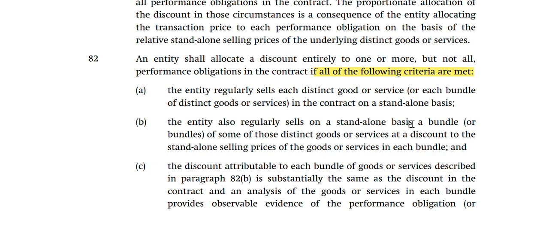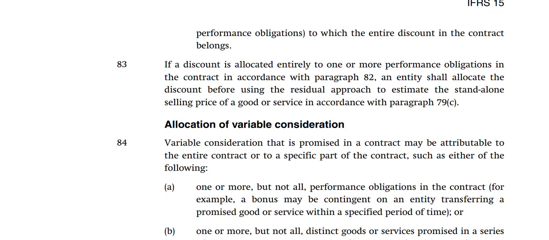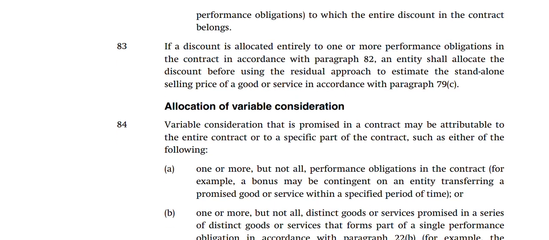The entity also regularly sells on a standalone basis a bundle of some of the distinct goods or services at a discount to the standalone selling prices of the goods or services in each bundle, and the discount attributable to each bundle of goods or services described in paragraph 82b is substantially the same as the discount in the contract, and any analysis of the goods or services in each bundle provides observable evidence of the performance obligation to which the entire discount in the contract belongs.